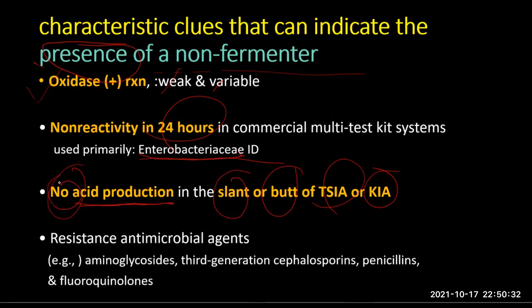There is no acid production in the slant or butt of TSIA or KIA, and resistance to a variety of classes of antimicrobial agents like aminoglycosides, third generation cephalosporins, penicillins, and fluoroquinolones.